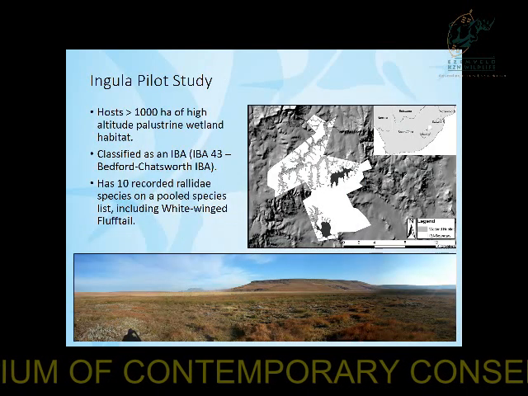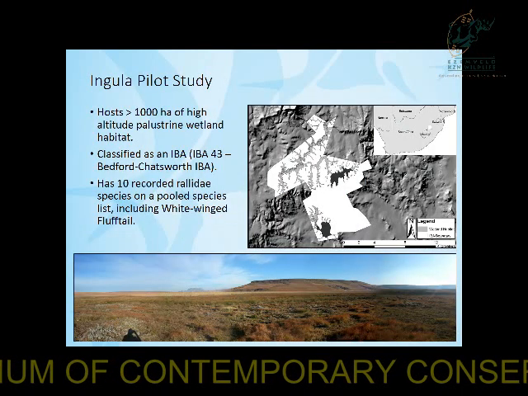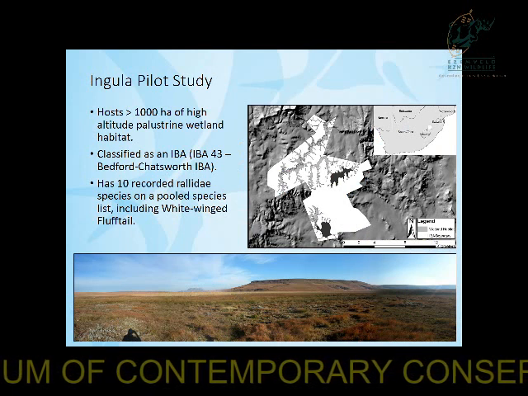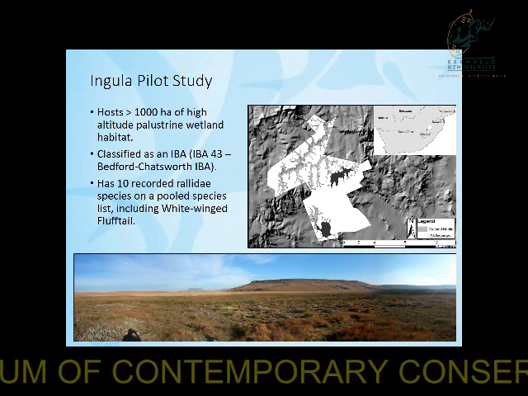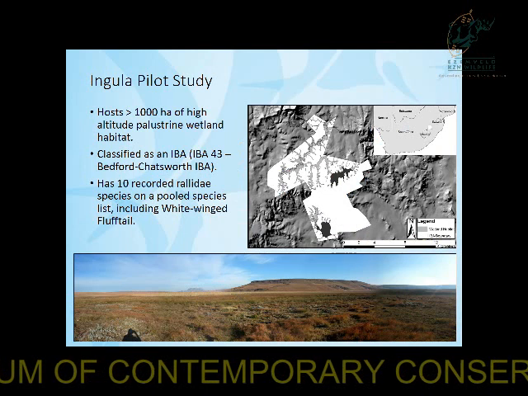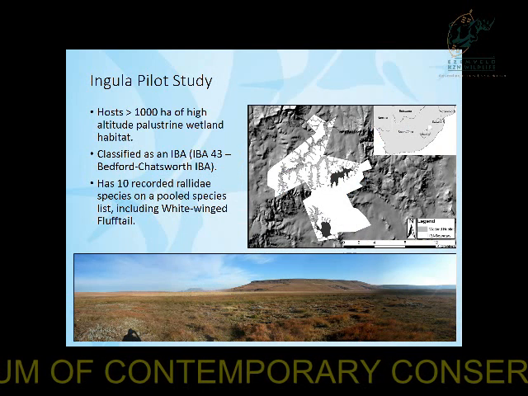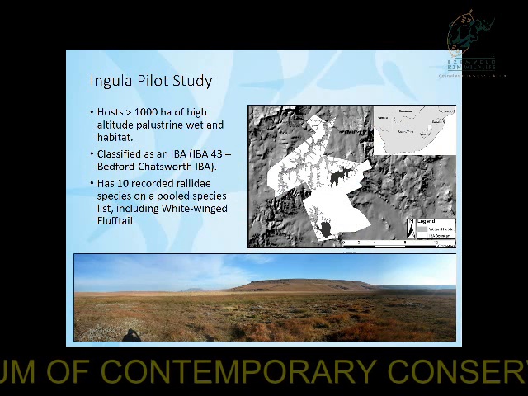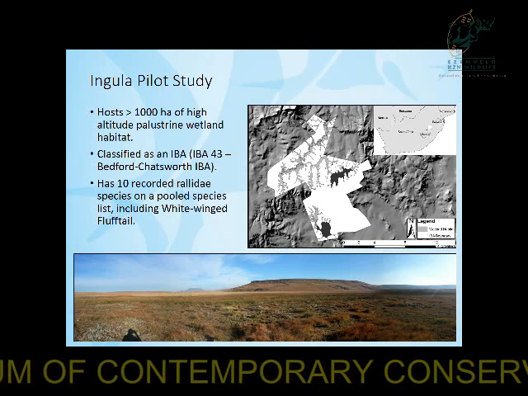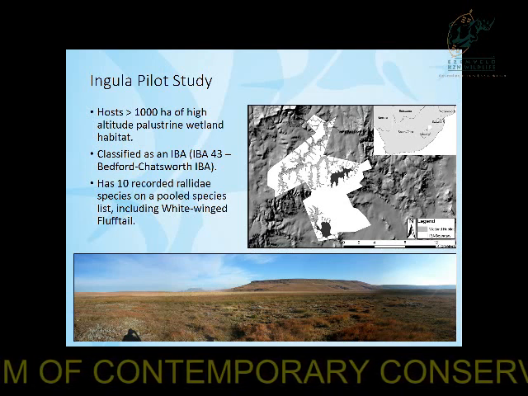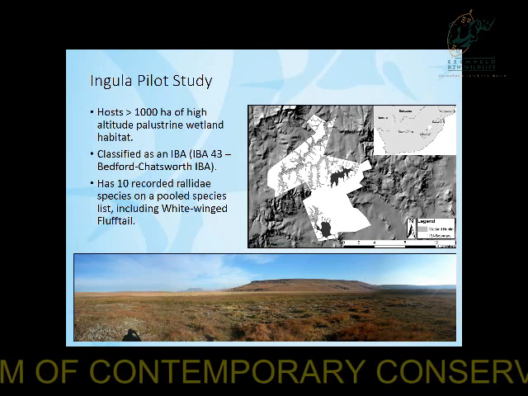So the pilot study that we chose to test whether or not camera trapping could be applicable was Ingula Nature Reserve. The reason for that is it hosts a significant amount of continuous high-altitude palustrine wetland, namely about 1,200 hectares. It has 10 Rallidae species on the pooled nature reserve list.